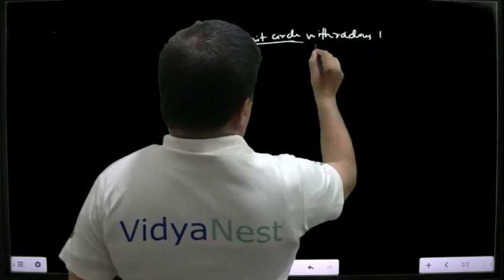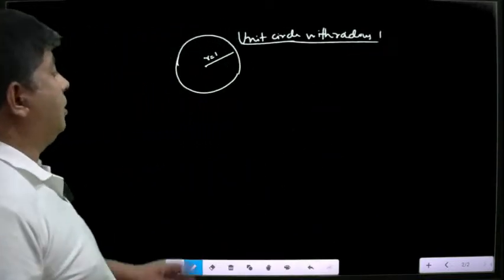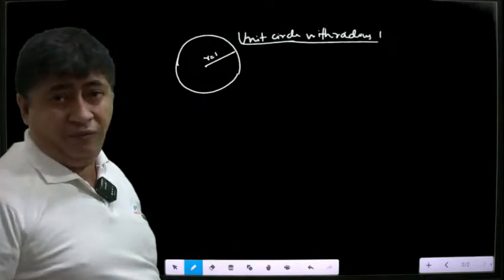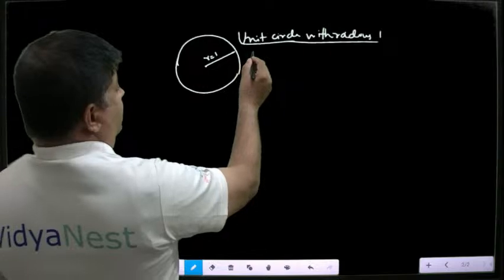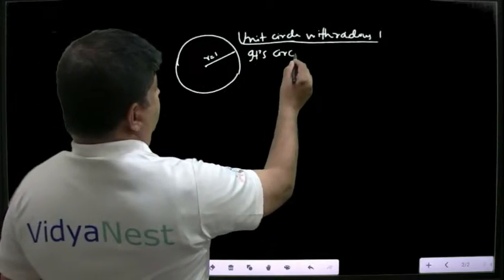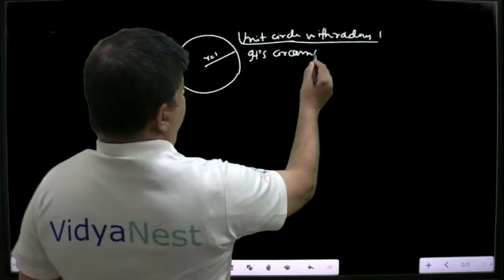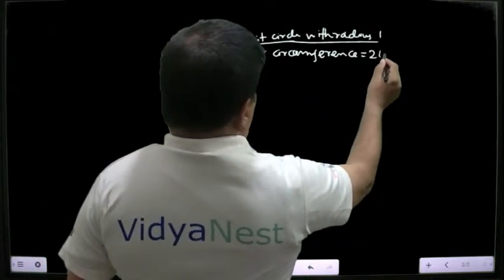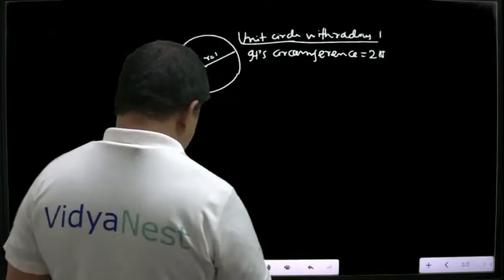So its perimeter, the circumference, is 2 pi.